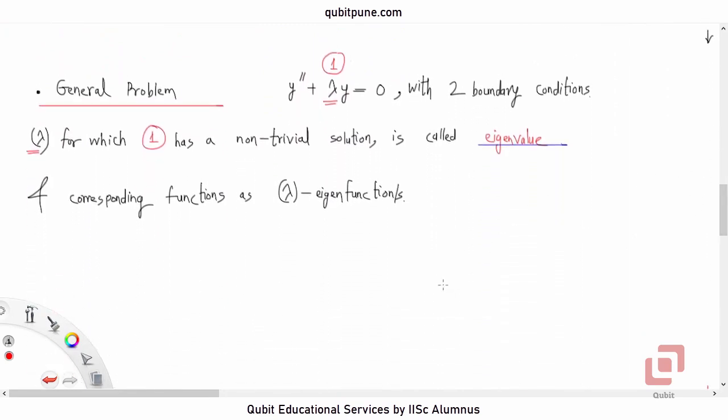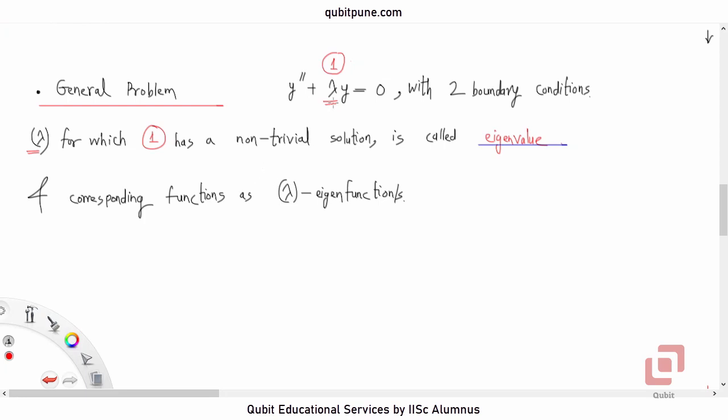So let me repeat. We have a differential equation y double prime plus lambda y equal to 0. You may ask, why am I not taking y double prime plus something into y prime plus that equal to 0? Well, you can change the origin and get rid of the y prime term. We'll not consider that, we'll just stick to this simple problem.